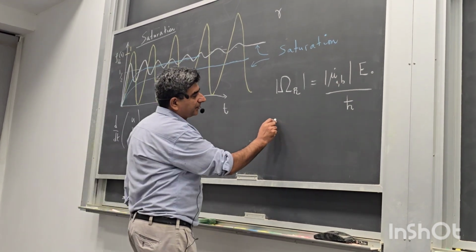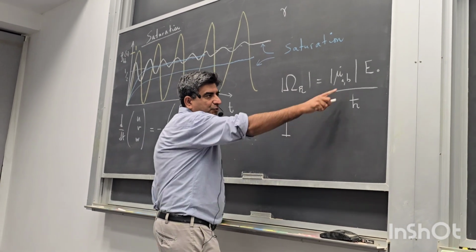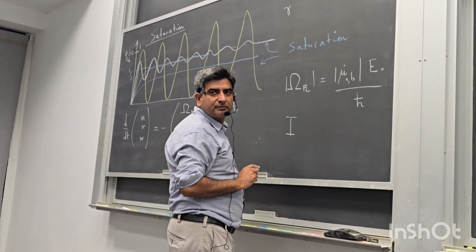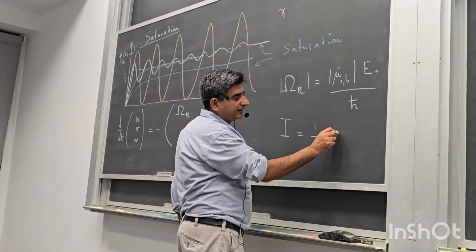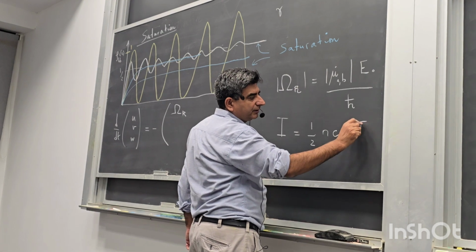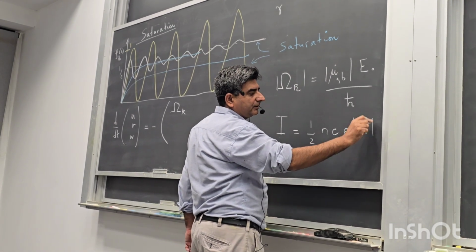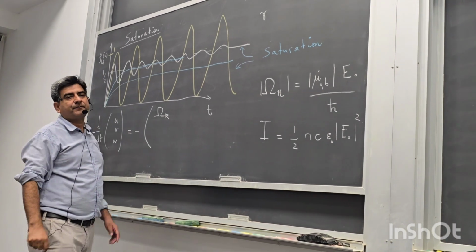The intensity, by the way, of a nice circular beam is proportional to E naught squared. Okay? This is given by half the refractive index times the speed of light times epsilon naught times E naught squared. This comes from the Poynting vector from electrodynamics.